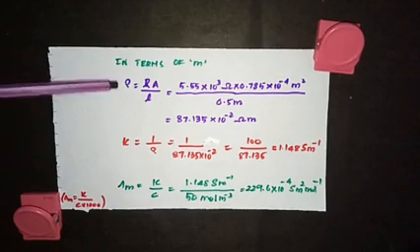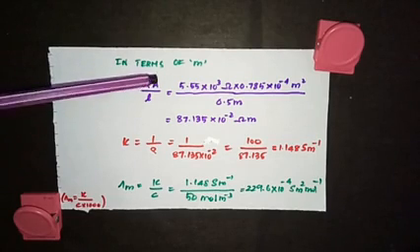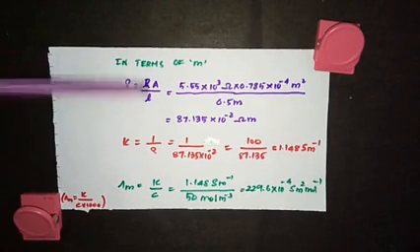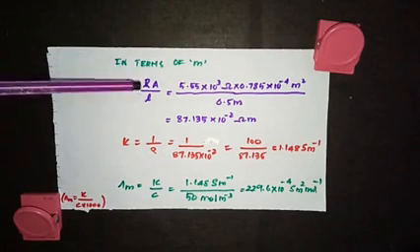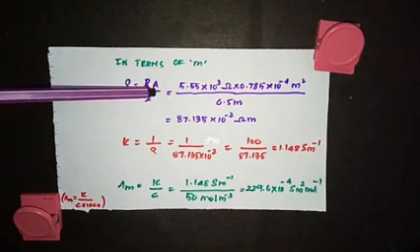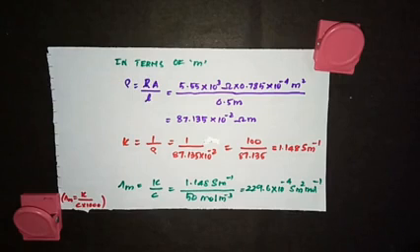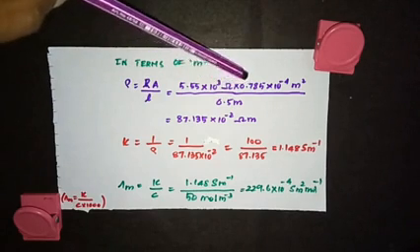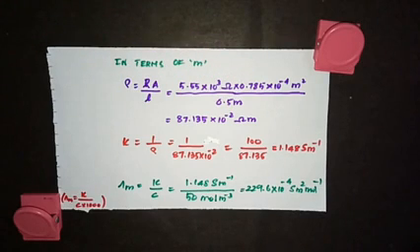Resistivity rho is equal to R A by L. R is given in the question, 5.55 into 10 to the power 3 ohm, into area of cross section, which is 0.785. Let me show you the area calculation, and then we will come back to this calculation.